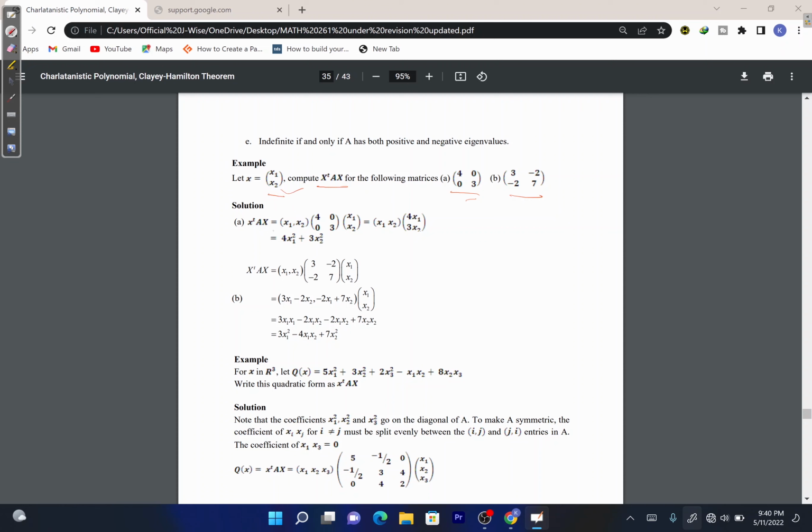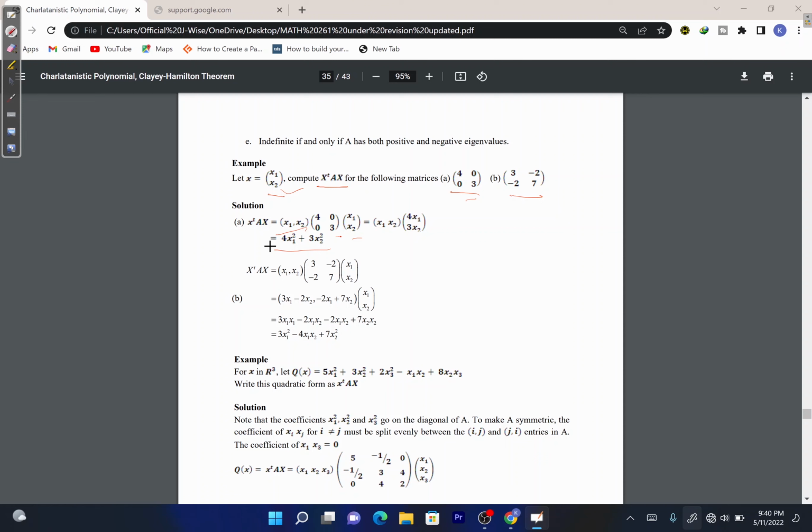Therefore x transpose Ax is given by x transpose, this A, then this x. When we multiply and simplify, we get 4x1 squared plus 3x2 squared.